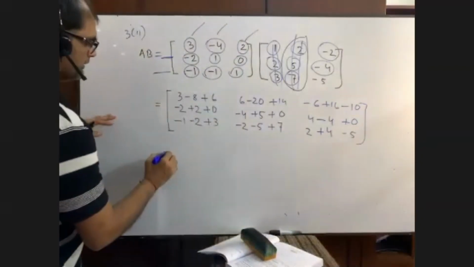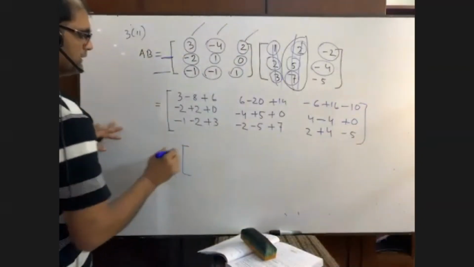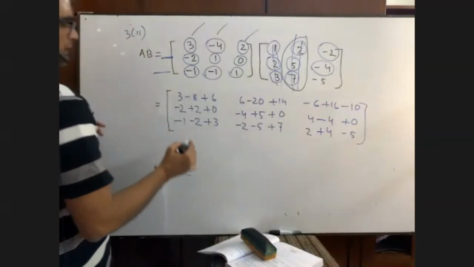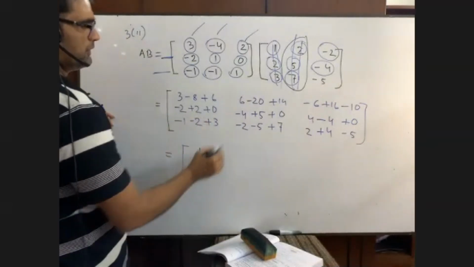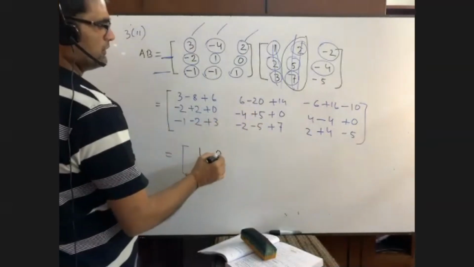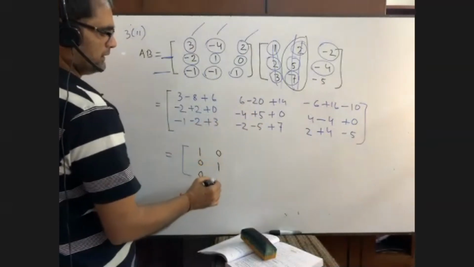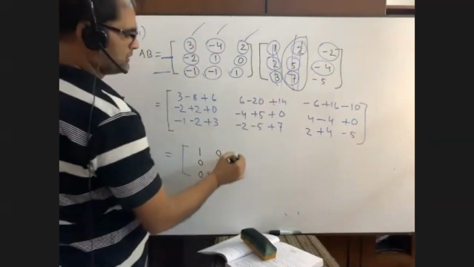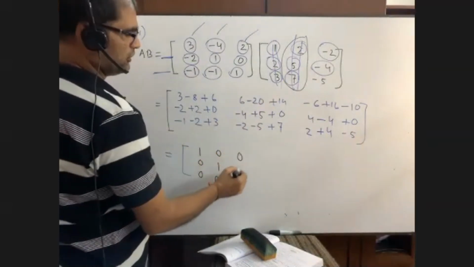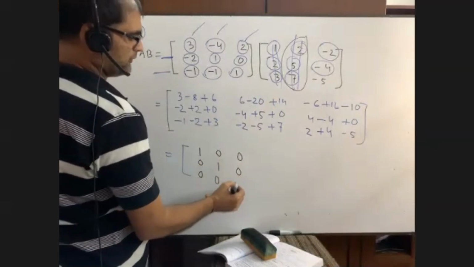Now calculate and we will be left with, can you tell me please? This is 1, this is 0, this is 0, and this is 0, this is 1, this is 0. There it is 0, that is 0, and it is 1.